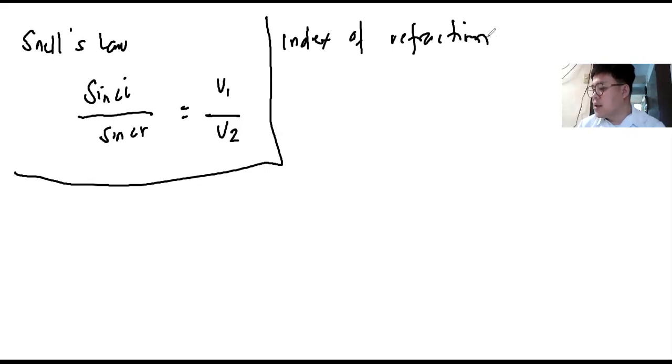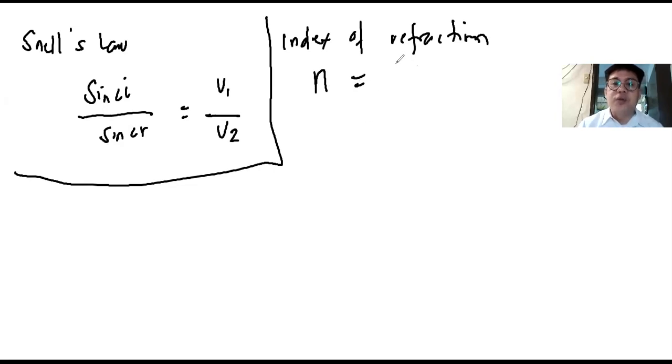Your index of refraction refers to the amount of light that is refracted. This is measured with the symbol n as the index of refraction.